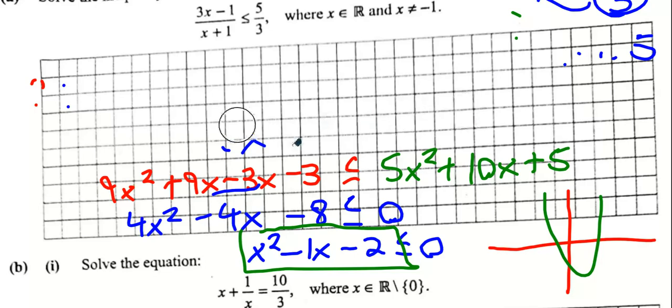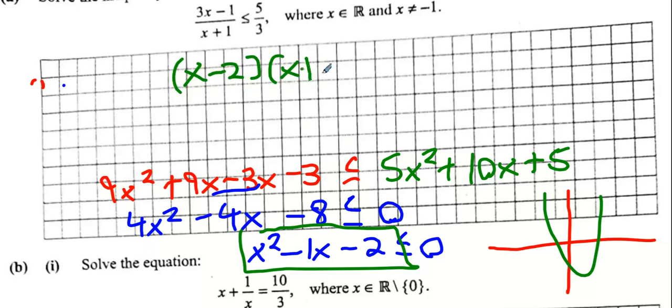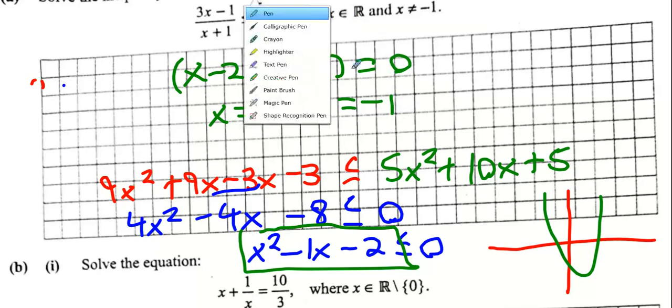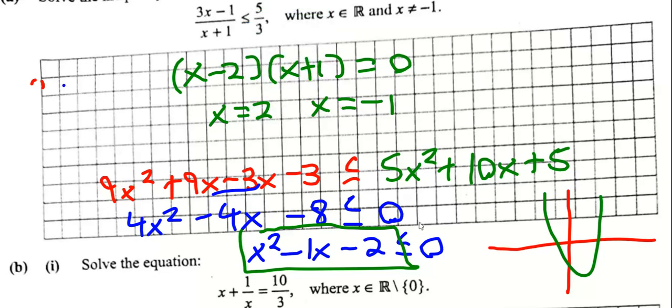Beautiful. All right. Now, who got x minus 2 and x plus 1 equal to 0, an answer of 2 and minus 1? Now, check this out. It has to be, what is the inequality? Has to be smaller.